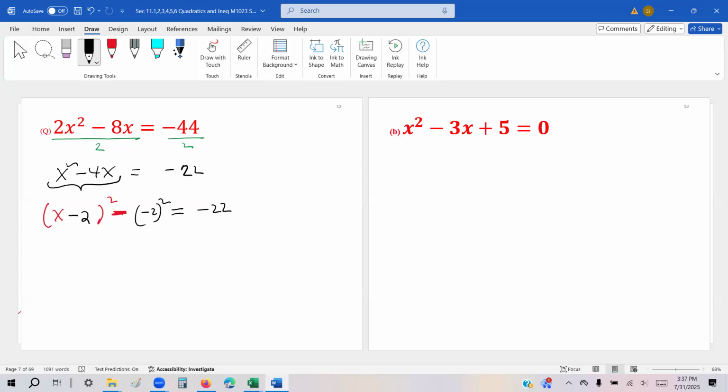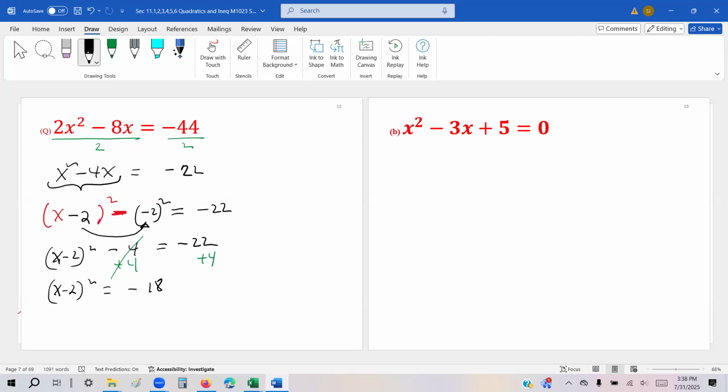Whatever you have here, you put that square here. You just subtract that quantity. So we get x minus 2 squared minus 4, -22. And now it's just simple algebra to solve for x. So we add 4. That cancels out. We get x minus 2 squared equals -18.